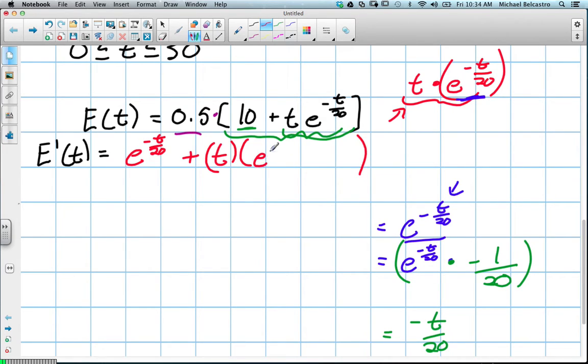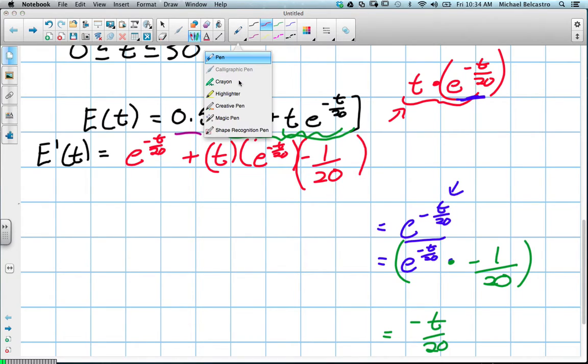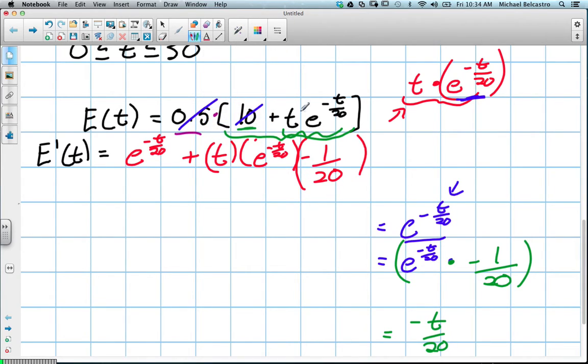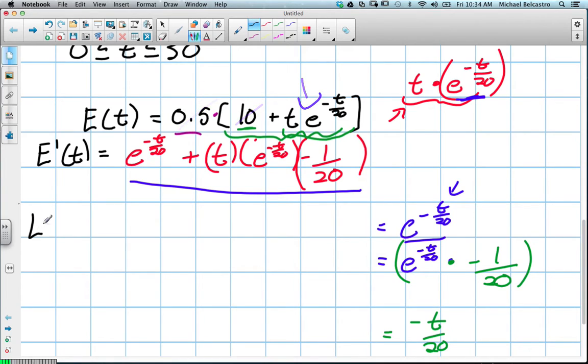So we have e to the power of negative t over 20 times negative 1 over 20. I'll put little brackets around them. So here we've now derived this part of the equation. I'm going to write it again in black and we're going to see if we can factor something out.